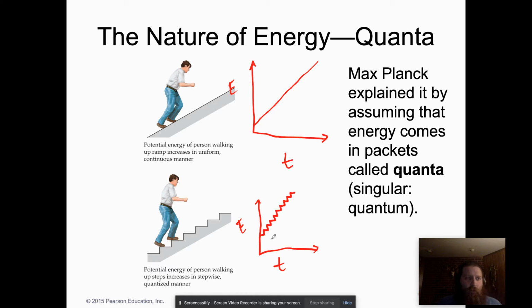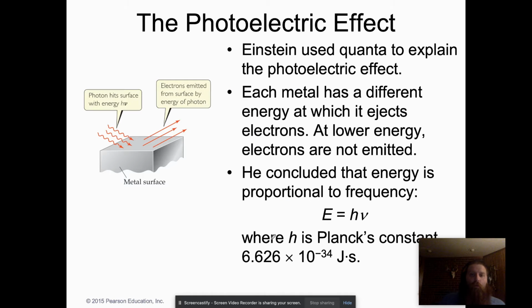Another thing that we want to think about as far as this quanta is, once he established this, once he showed this to be a fact, it started to call into question some of the observations we made about reality. And one of those things that had been a question for a long time was something called the photoelectric effect.